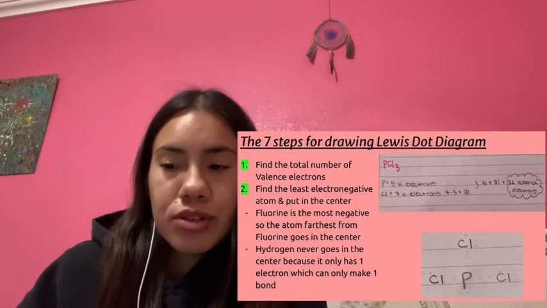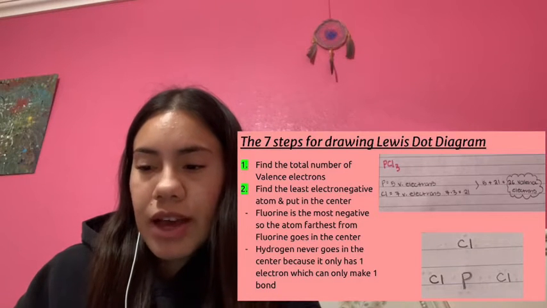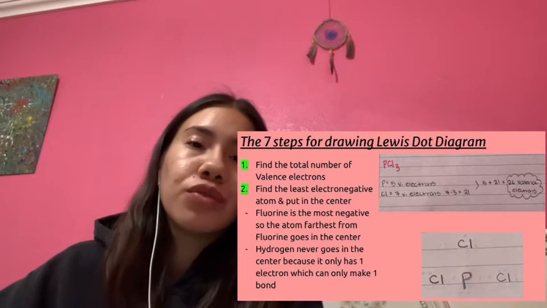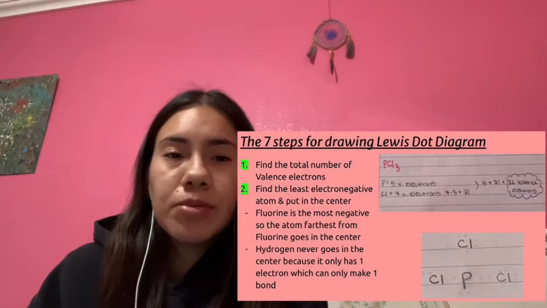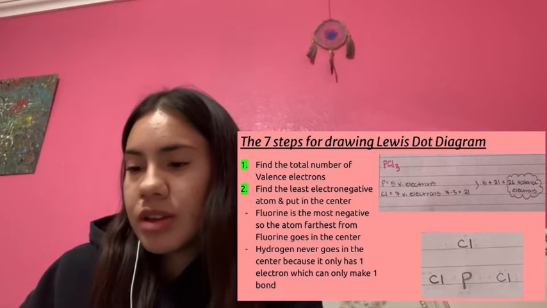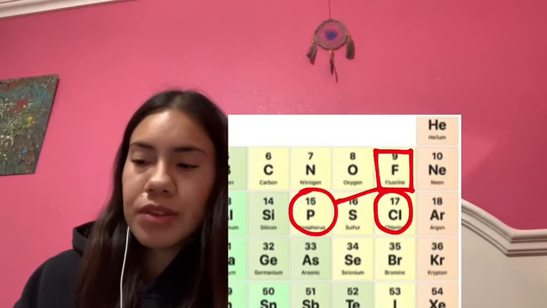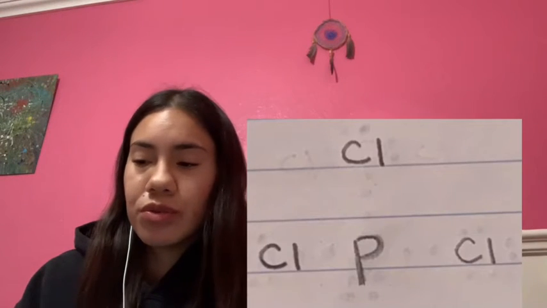Step 2 is to find the least electronegative atom and put it in the center. Fluorine is the most electronegative atom, so whichever element is furthest away from fluorine goes in the center. As we can see, phosphorus is furthest away from fluorine, so phosphorus would go in the middle.